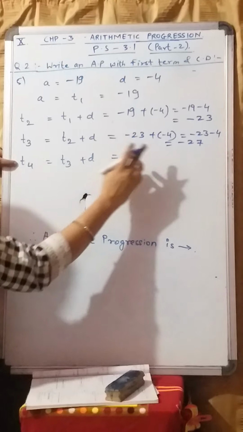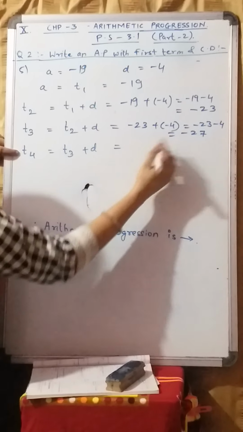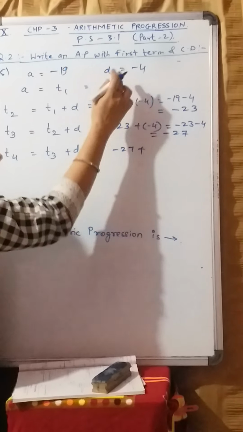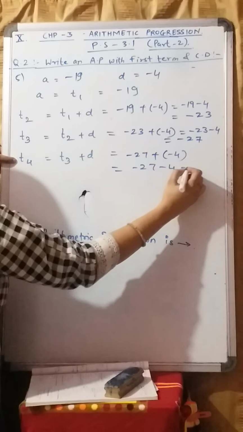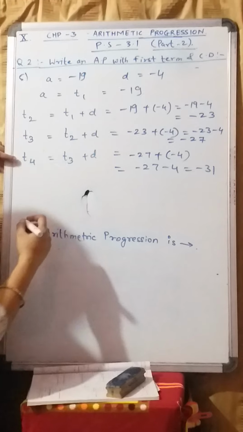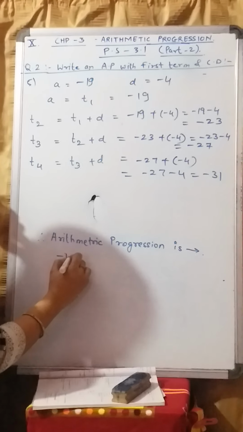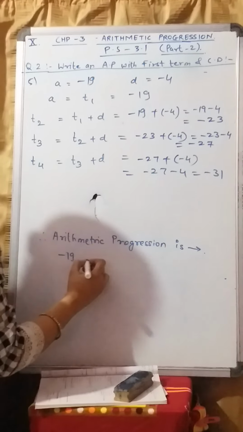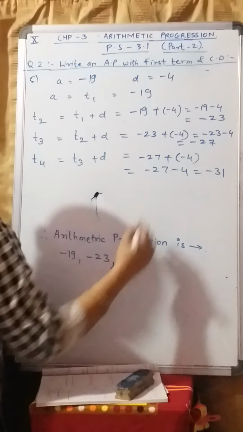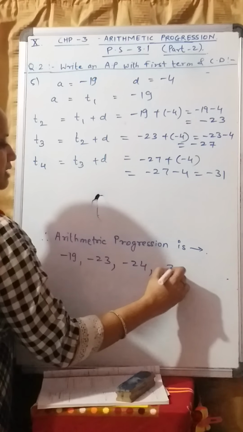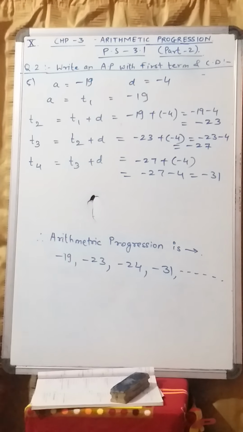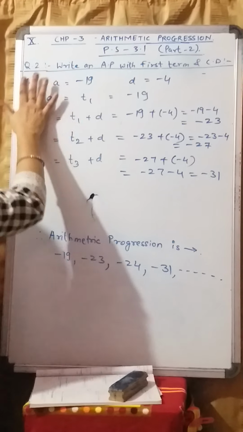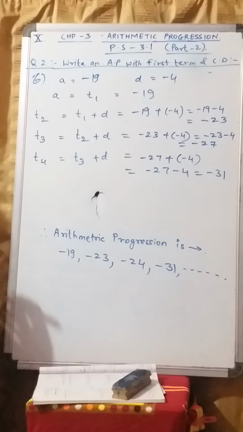Then for T4, T3 plus D: T3 is -27 plus D is -4, so -27 -4 is -31. So the first term was -19, the second was -23, the third was -27, and the fourth is -31, and so on. This is your arithmetic progression. So here we have finished the 6 sums of question number 2.